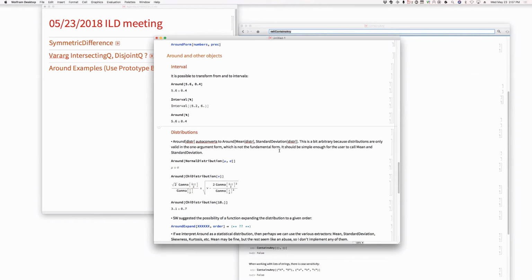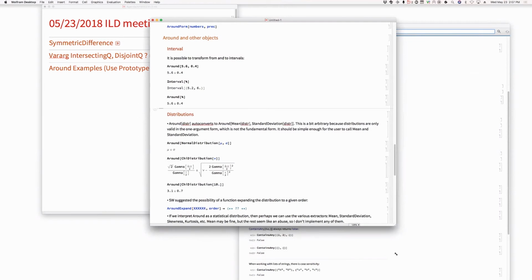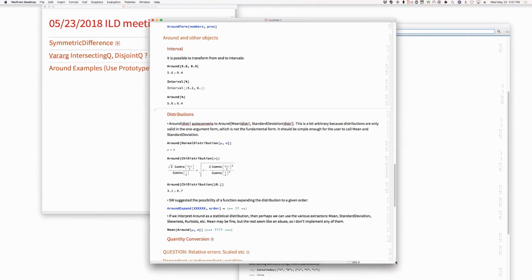And then what happens if you try and combine a 90% confidence level with a 50%, a 68% confidence level? So the idea here is that the uncertainty in the second argument is 1 sigma. If you say that you have a confidence level of 2 sigma or 3 sigma, then you are changing the meaning of that second argument. But in a sense, the statistical distribution is still the same. It's just that you are describing it in a different way.